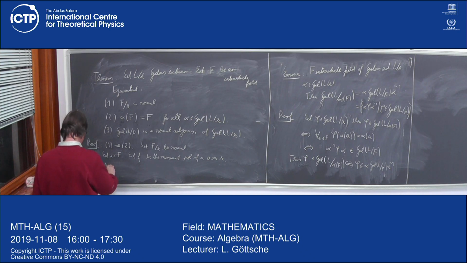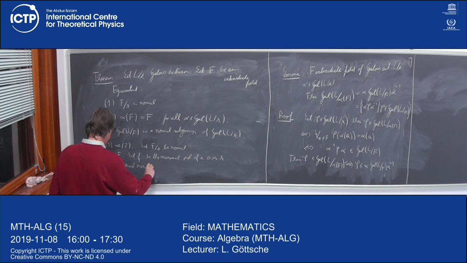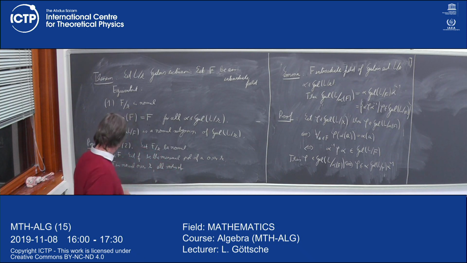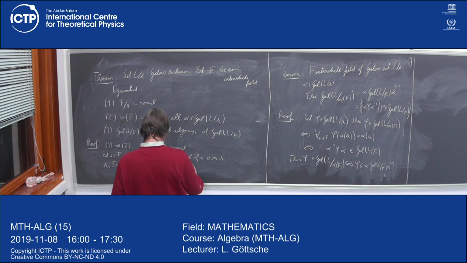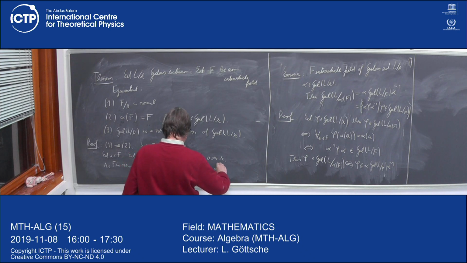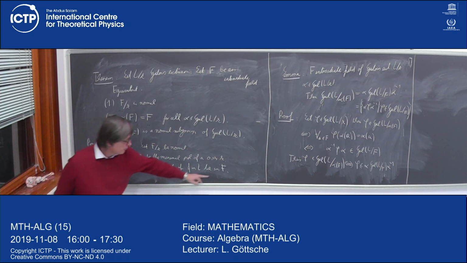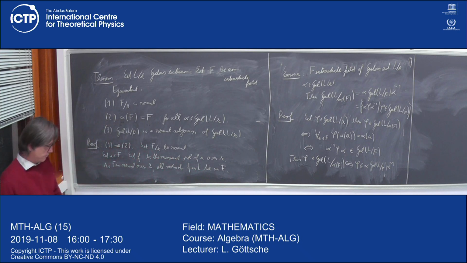As F is normal over K, all roots of the polynomial f in L lie in F, because the polynomial f already splits over F. And so all the roots lie in the small field F.